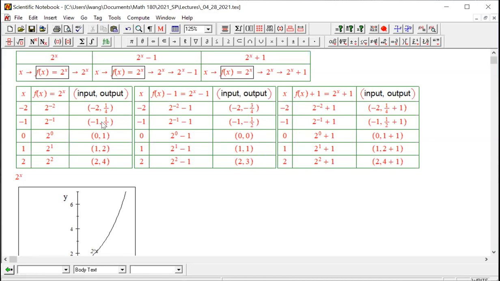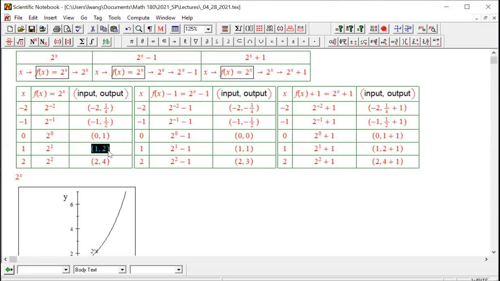So from 1/4 to negative 3/4, that's a shift down by 1 unit. You guys with me? These two numbers, the difference is 1. These two numbers, the difference is 1. This is the vertical shift.